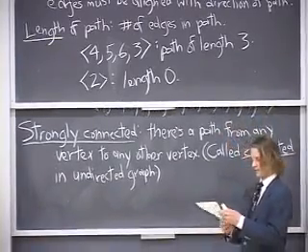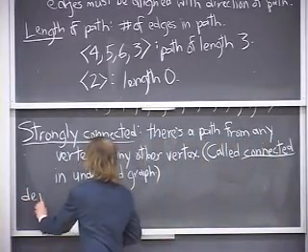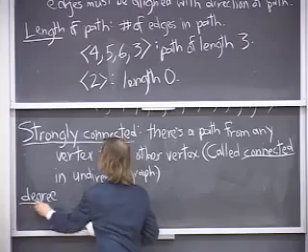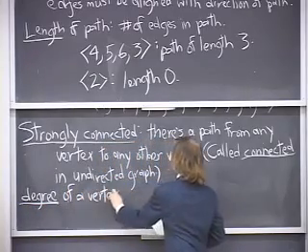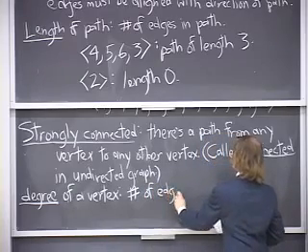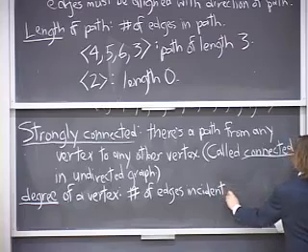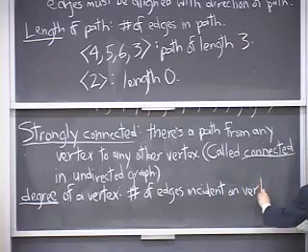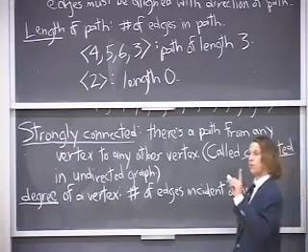More definitions. The degree of a vertex is the number of edges incident on that vertex. Now, self edges count as 1, not 2.